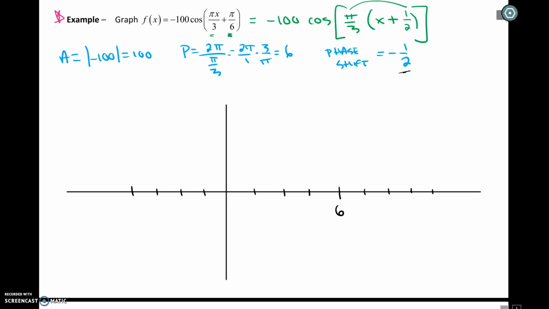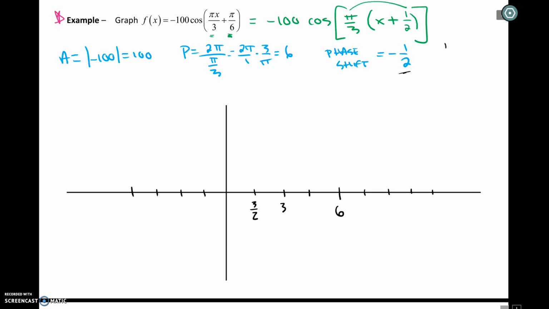So 1/2 of 6 is 3, and 1/2 of 3 is 3/2. So 1 tick mark is 1.5. So 1/2 of a unit is going to be 1/3 of a tick mark. So this is going to be 1/3 of a tick to the left.